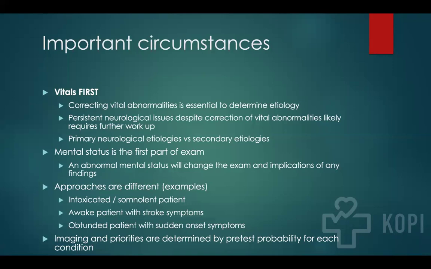We're going to talk a little bit about neurological emergencies, but it goes without saying that most neurological emergencies can be secondary to certain vital sign abnormalities, i.e., hypothermia, hypotension, anoxia, hypoxia, all of the above, respiratory failure. So, mental status is always the first part of the physical exam, but you want clinical context and you want to make sure that you obtain vitals before you actually do a mental status exam.